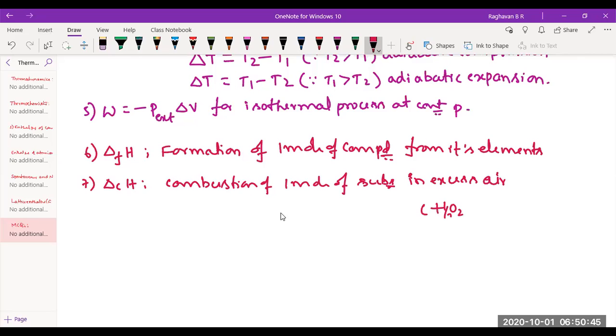No, sir. Because this is not complete combustion. It cannot be taken as enthalpy of combustion of carbon. So it has to be complete combustion to give carbon dioxide. Then it can be enthalpy of combustion of carbon. That's the meaning of that.